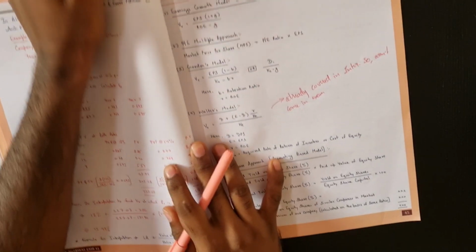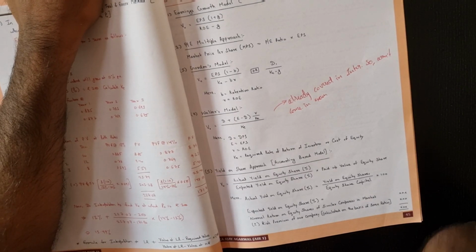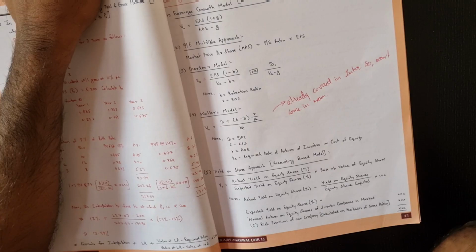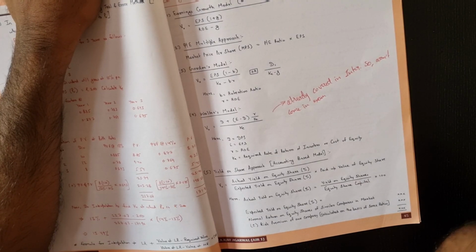Next comes Walter's model. Walter's model is the favorite sum in CA inter. Every time they ask it for 5 marks and it is bonus marks. Here you just have to put the formula and input values in it and you'll get the answer.